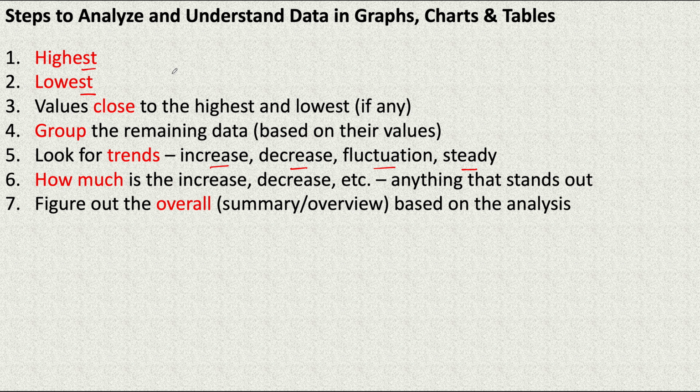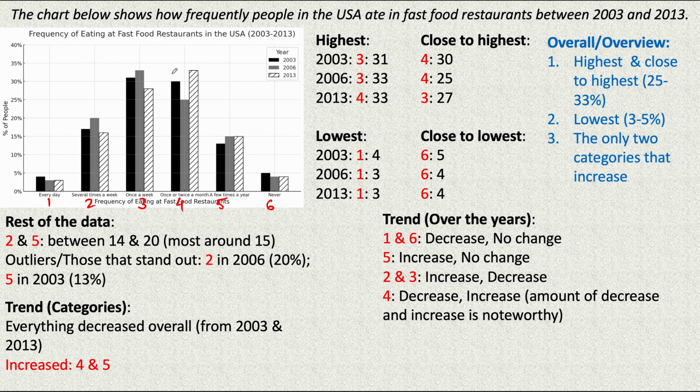Now we can figure out the overall or overview of the graph. The overall statement focuses on what is highest, what is lowest, what are the similarities in trends. So what we see overall is that there are two categories which are highest or close to highest, and we can see that the percentages are between 25 and 33%.